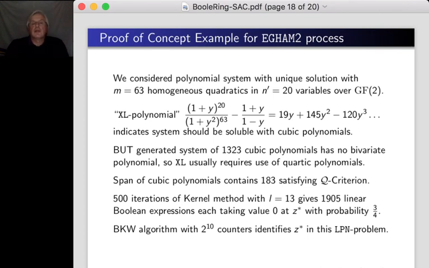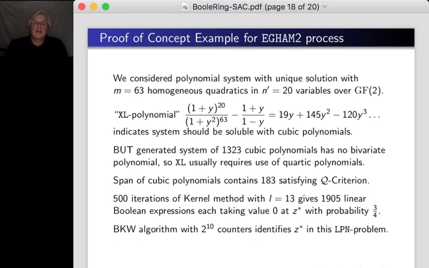So as a proof of concept, we generated 63 homogeneous quadratics in n = 20 variables. Each quadratic would have typically roughly 105 terms. The XL polynomial has a negative coefficient of y cubed, which would indicate that we would expect to be able to solve this system by multiplying up to cubic polynomials.